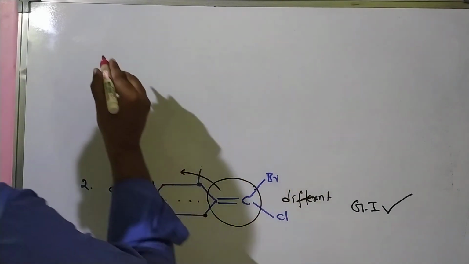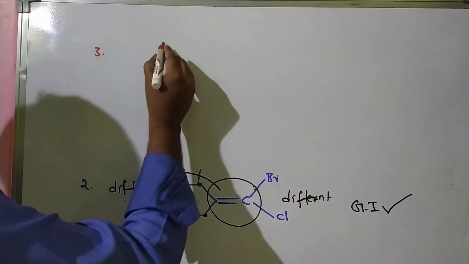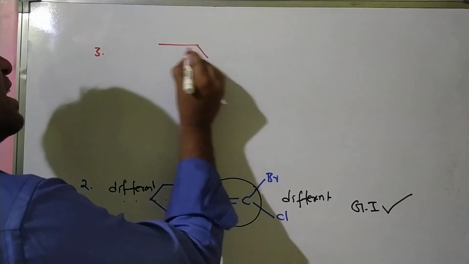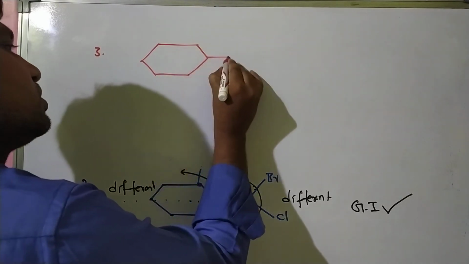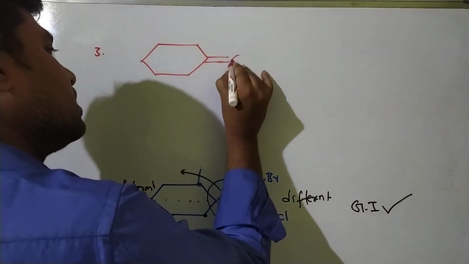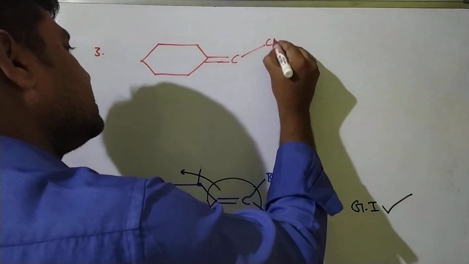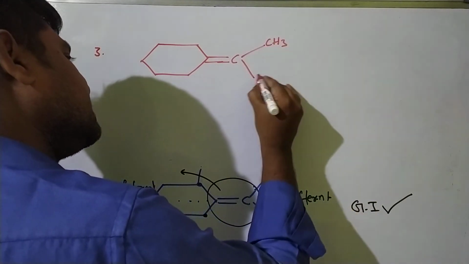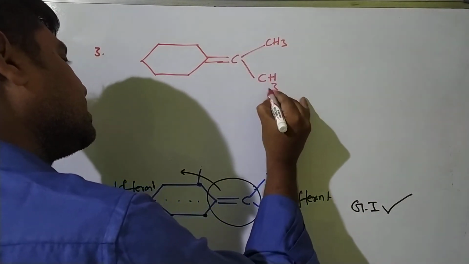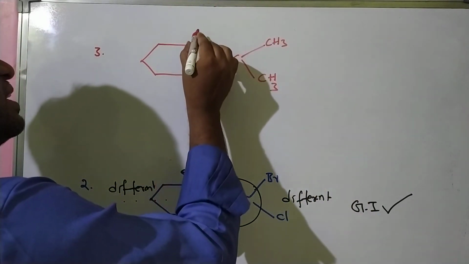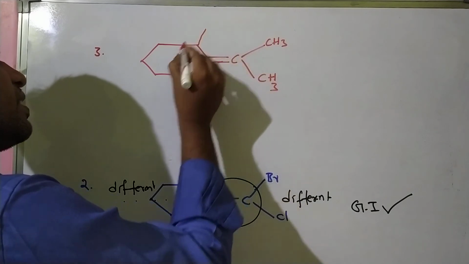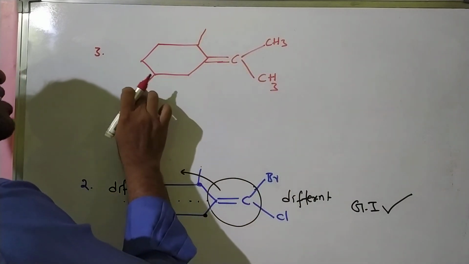Next, third example. So this is again cyclohexane. So this is the carbon-carbon double bond. This is CH3. This is CH3. So these two are same. Now here, so this is also methyl.